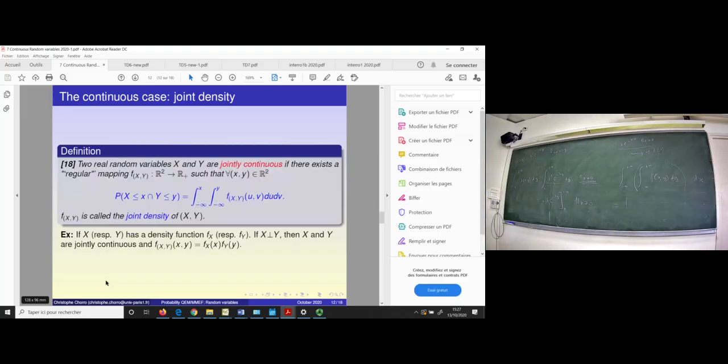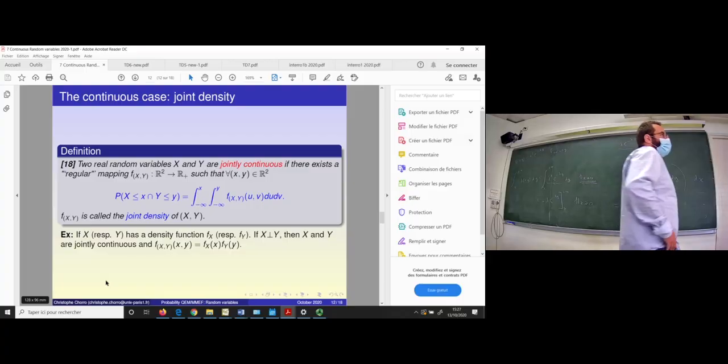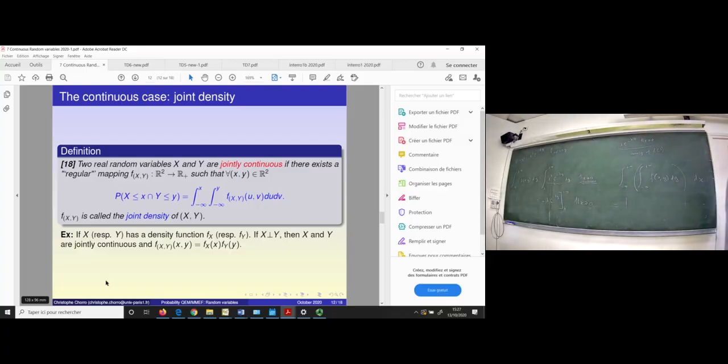Okay, so a definition that is related with what I have said. Now we are going to work with two random variables.